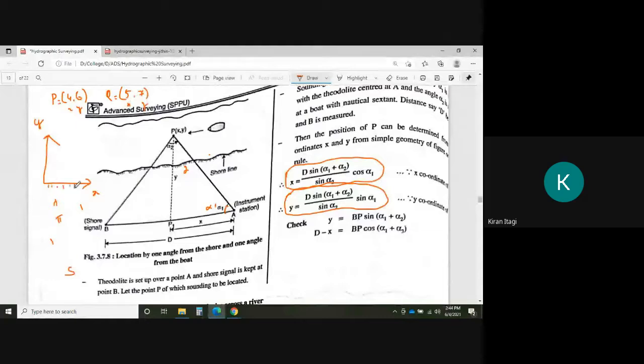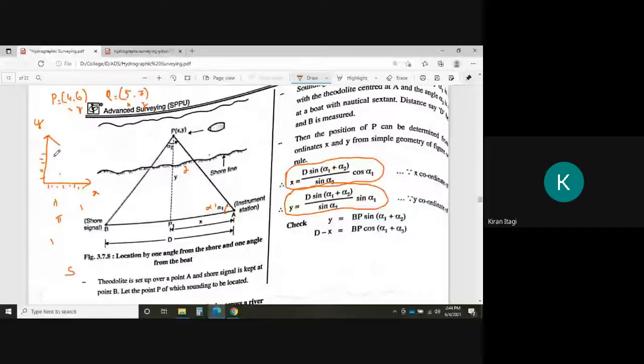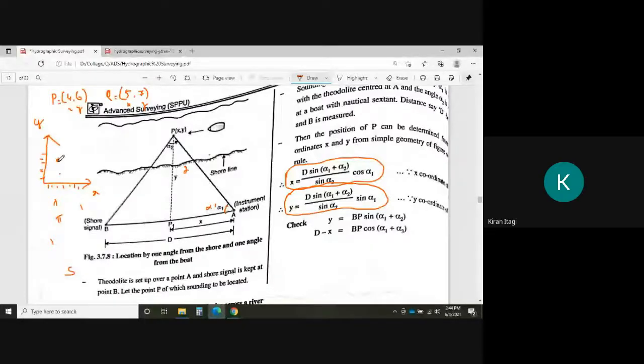If you want to draw it on a graph, this is the point P, and next Q is 5, 6 somewhere here.